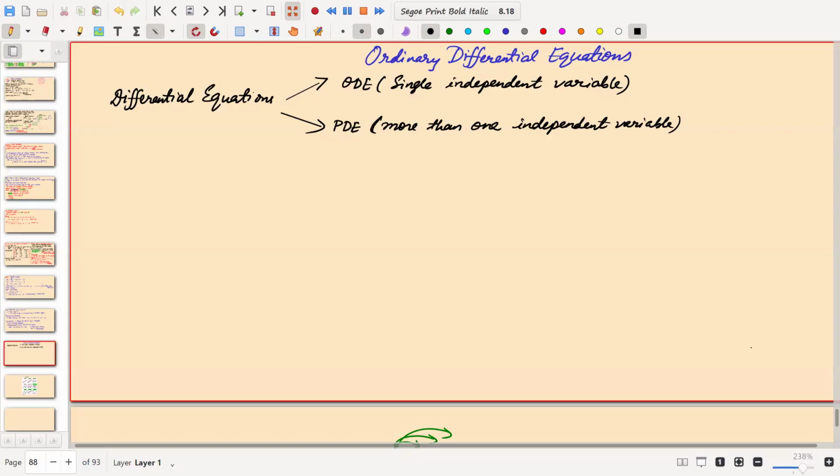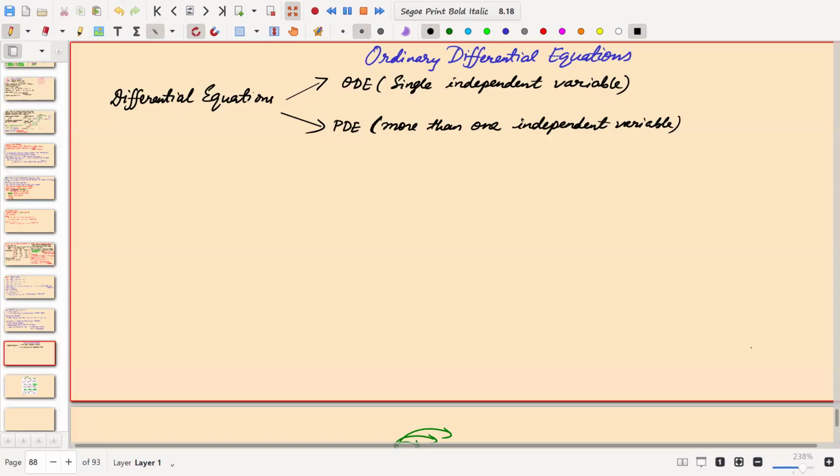That's where partial derivatives come in. There were two independent variables, W0 and W1, and our job was to find which W0 and W1 to take so that we have the least error, or the least cost or loss function. So this class will focus on ODE, and the subsequent classes will deal with PDE.